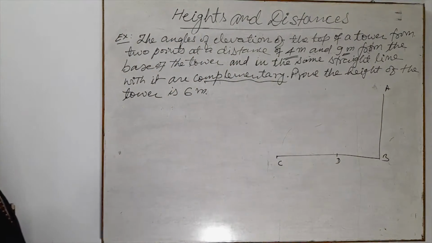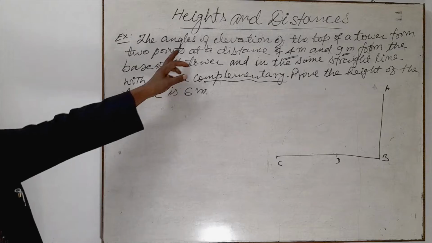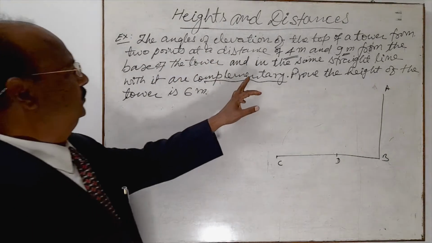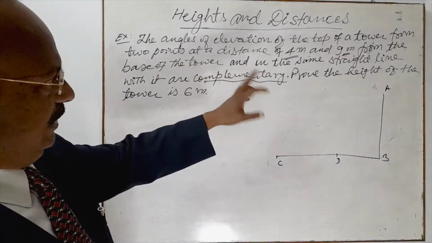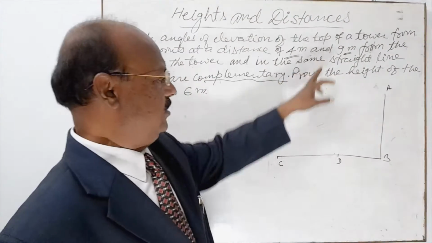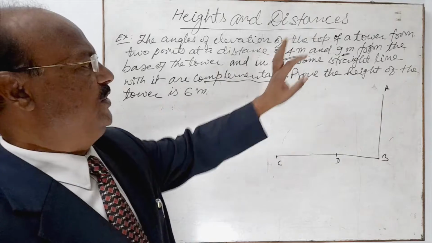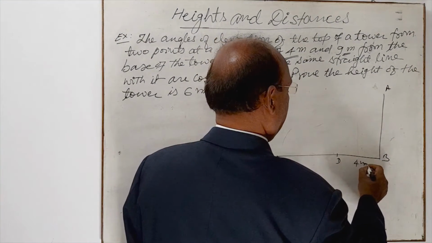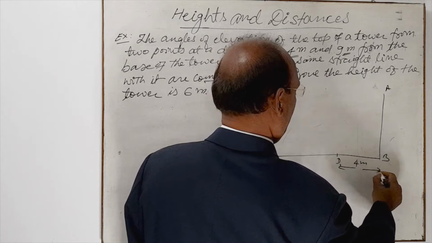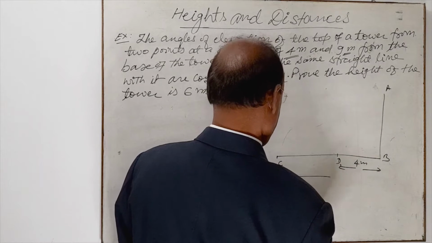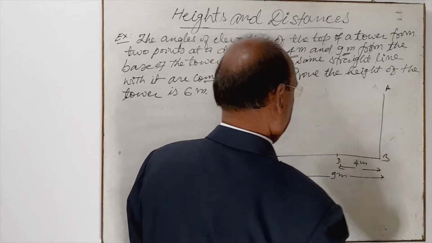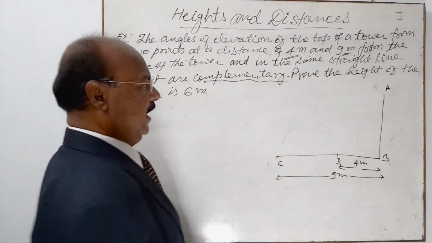The angles of elevation of the top of the tower are complementary, and the distances of these 2 points are given, 4 meter and 9 meter. Suppose this distance BD is 4 meter and this distance BC is 9 meter.